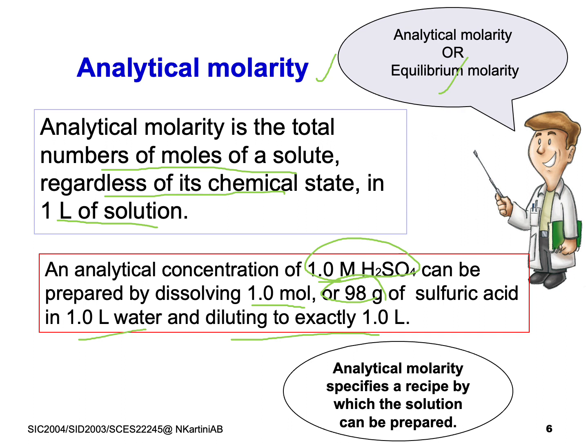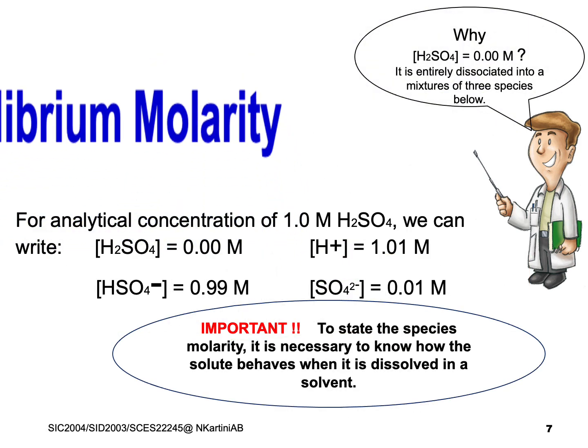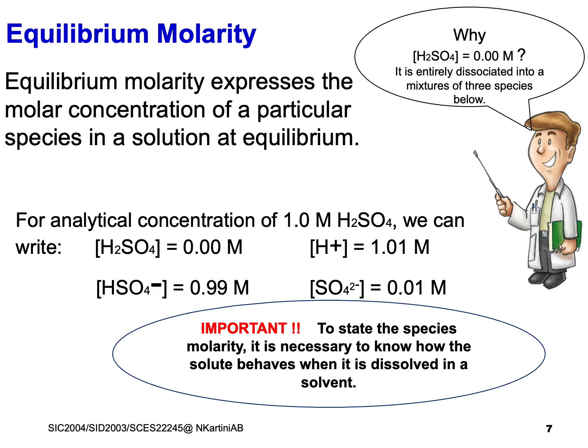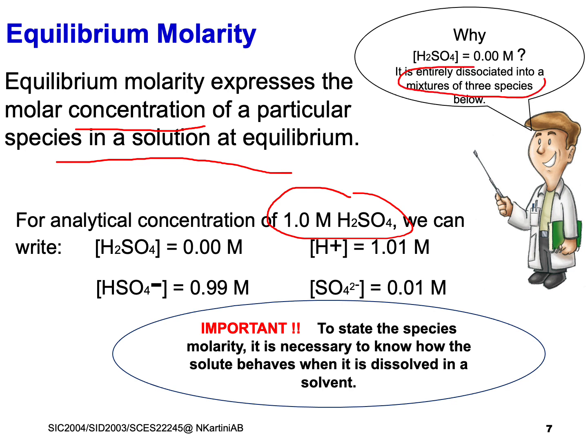So what is the difference between analytical molarity and equivalent molarity? Equivalent molarity expresses the molar concentration of a particular species in a solution at equilibrium. If we have 1 molar sulfuric acid, when we dissolve it in water, it actually dissociates into a mixture of 3 species as shown below, which are proton, sulfate, and also hydrogen sulfate.